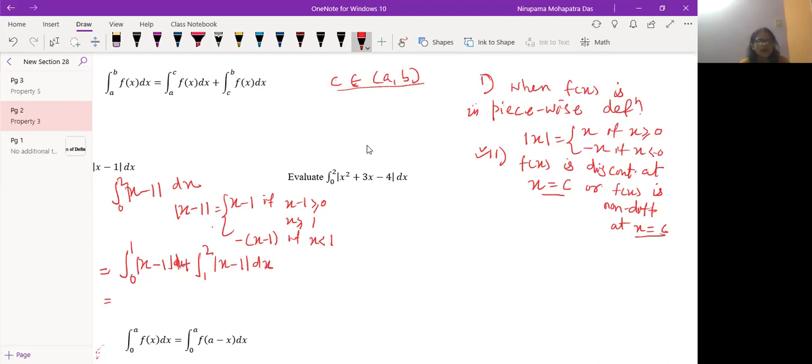For 0 to 1, x is less than 1, so mod x minus 1 equals minus of x minus 1, that is 1 minus x. Plus, for 1 to 2, x is greater than or equal to 1, so it is x minus 1. Now we have removed the mod sign.